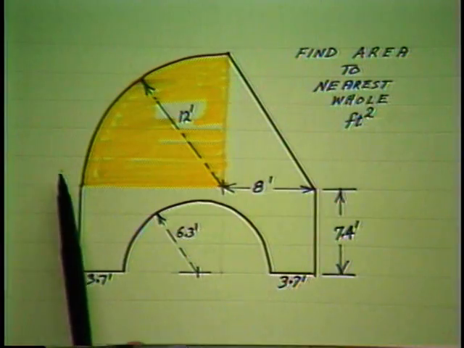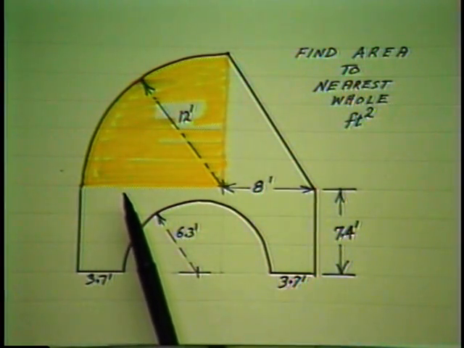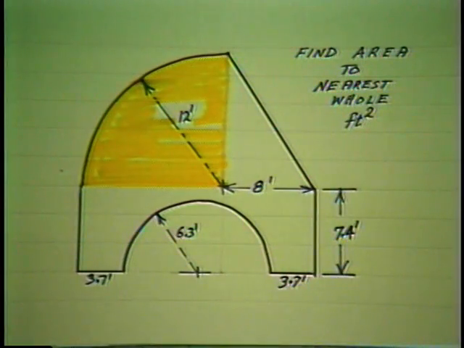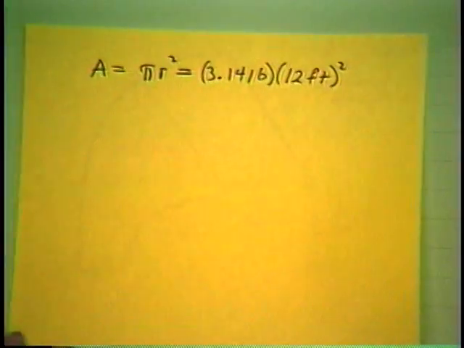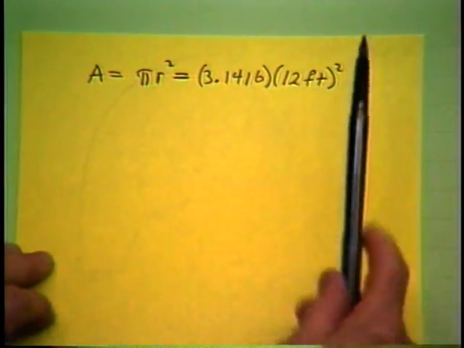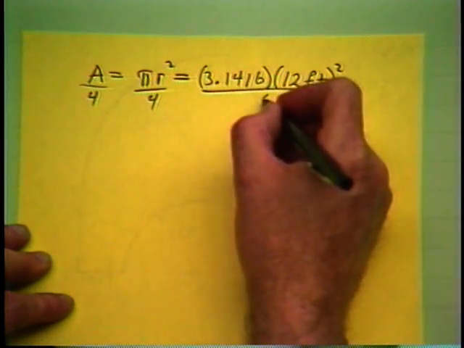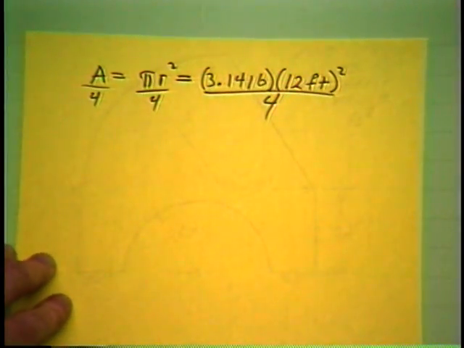You might decide, let's find the area of this circle and divide by 4, since that's only a quarter of a circle. And doing that, you get this, pi times the radius squared, and we're going to divide by 4 to get a quarter circle.